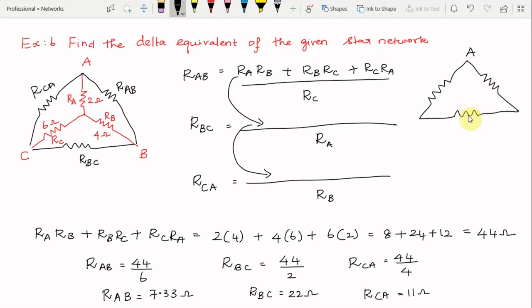We have the terminals A, B and C. The resistance RAB is equal to 7.33 ohms, RBC is equal to 22 ohms and RCA is equal to 11 ohms. So this is the equivalent delta network of the given star network.